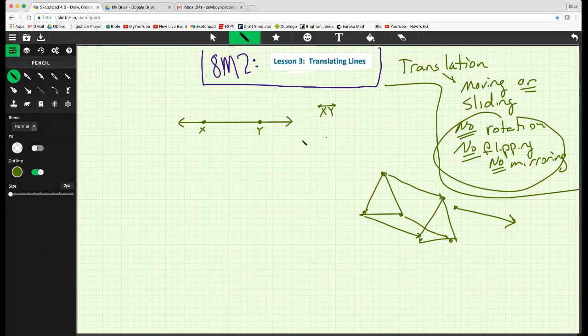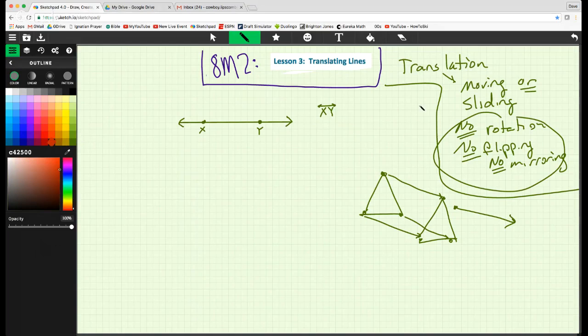Now let's talk about translating lines. We're going to do that in the exact same manner that we translated anything else.